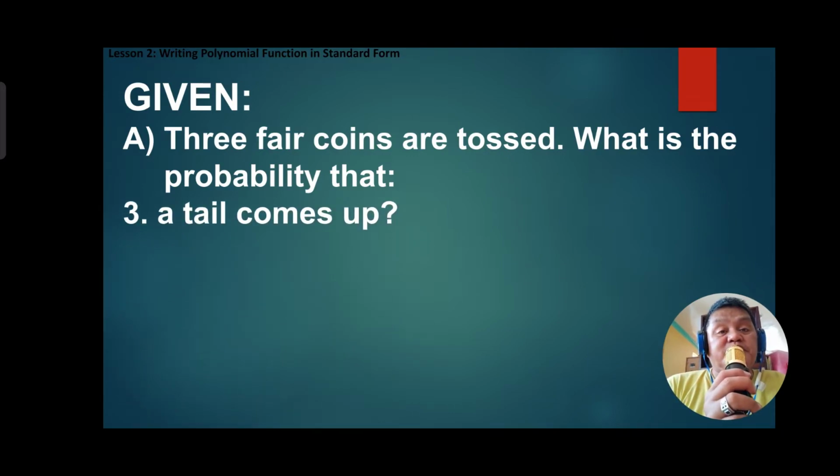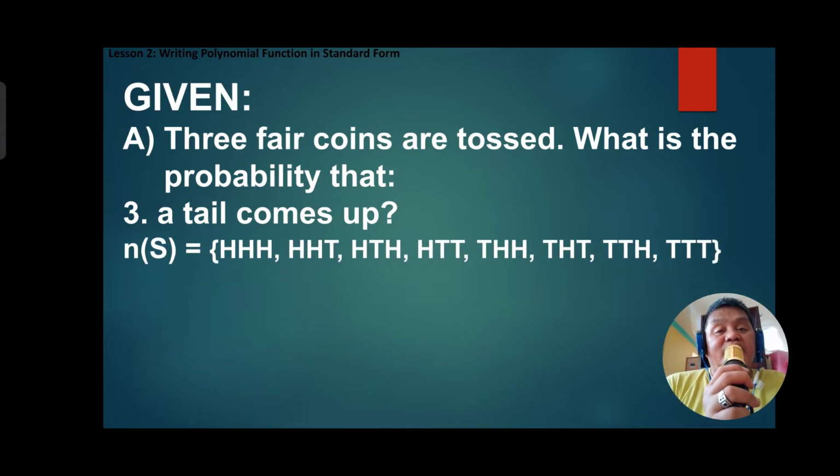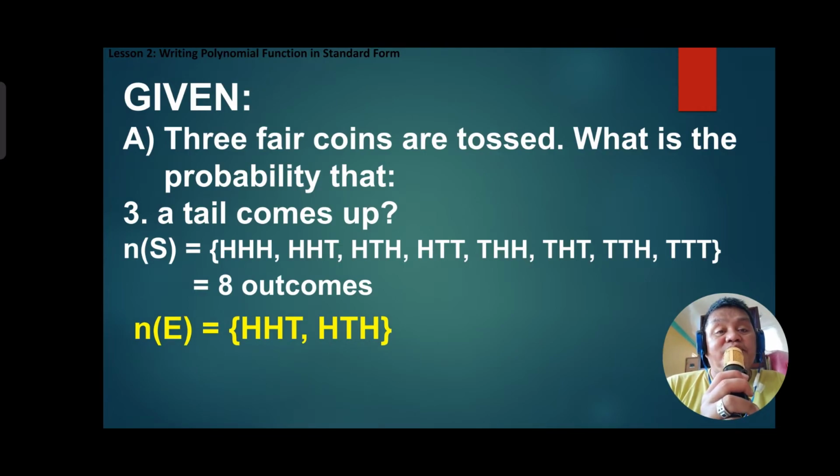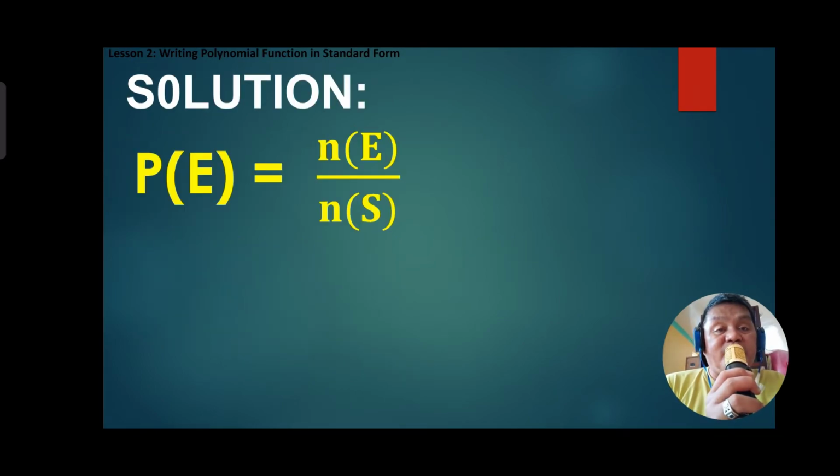Number 3, we have the same problem. We have again the number of outcomes in the sample space: 8 outcomes, and a tail comes up. From the sample space, we have only 1 tail come up. So we have head tail head, and so there are 2 outcomes. The probability of the event tail comes up is equal to the number of outcomes in the event all over the number of outcomes in the sample space.